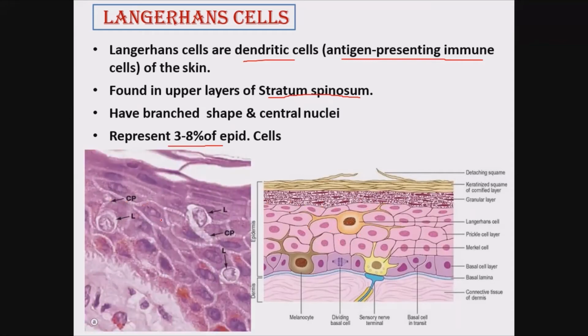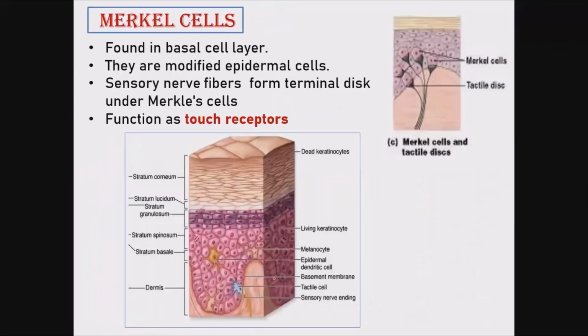We can see here the cells in the spinosum with processes but darkly stained. But the cells which are lightly stained, with processes going towards other cells and multiple processes, are called Langerhans cells.